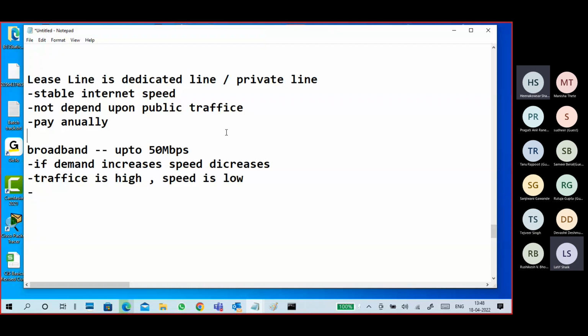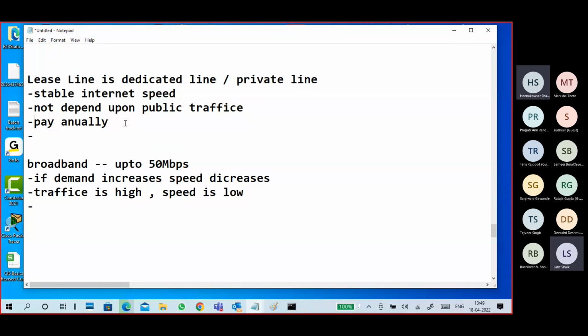You have to pay annual fees. You have to take a separate, dedicated line from the ISP.